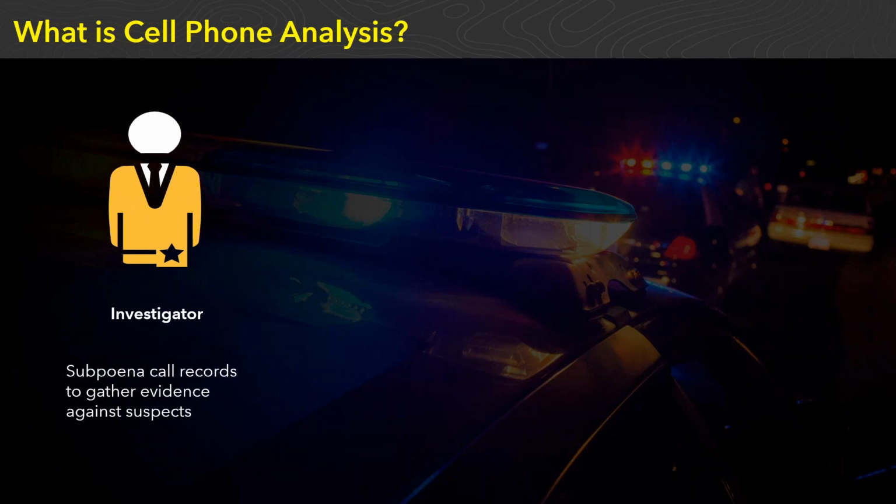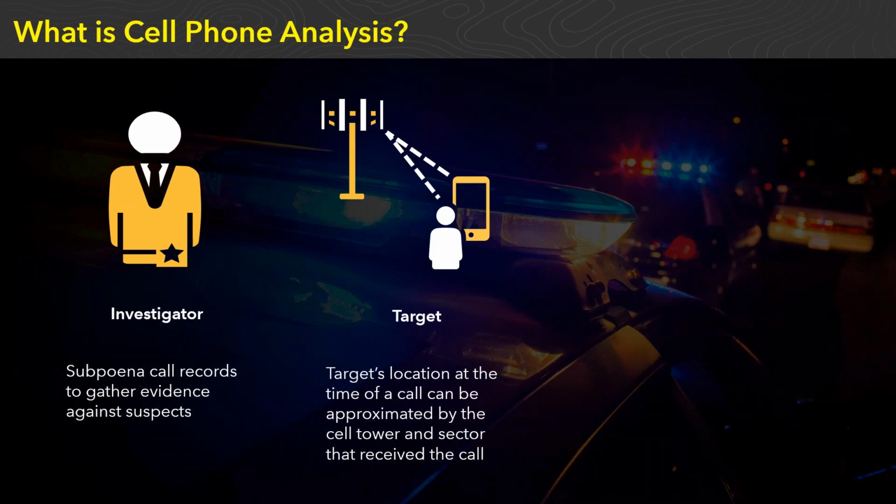They're trying to prove that that particular person either made a call to a particular person at a certain time, or that in the geographic sense, that individual may have been in a certain place at a certain time, as evidenced by their call records. And so how can we identify that? Well, when the target of that investigation is making a call, that cell phone is searching for a nearby cell tower in order to relay the cell signal for that phone call.